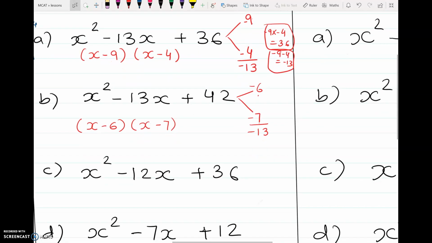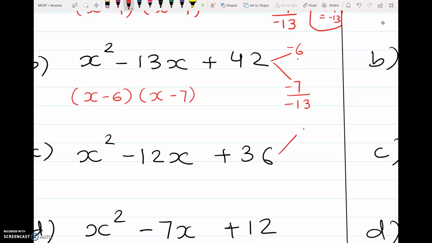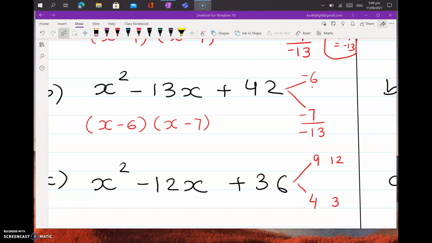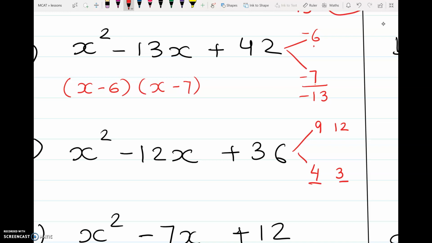Next one, 36. So 9 and 4, 12 and 3. I have made a mistake in writing the question, so it should be 13 here.